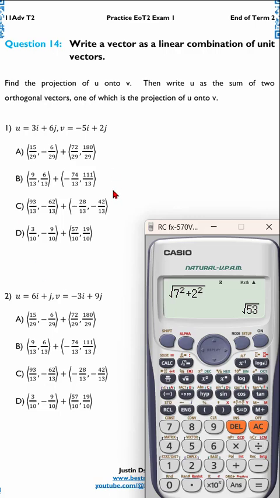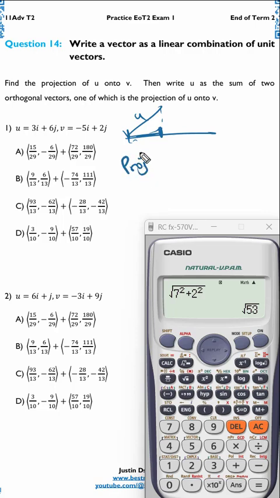How do you find the projections? Projection, you need to remember the formula. Now, what is the formula exactly? It's projection of u onto v. Projection of u onto v means this is the u vector, and it is projected on the vector v. So this is the projection part.